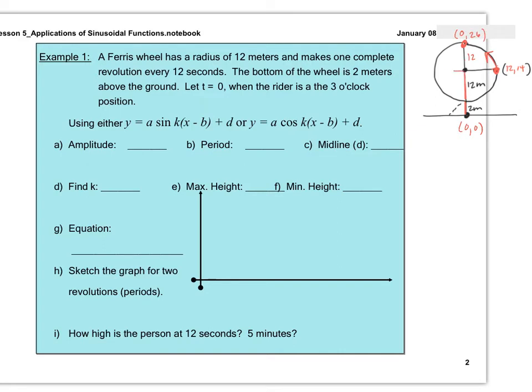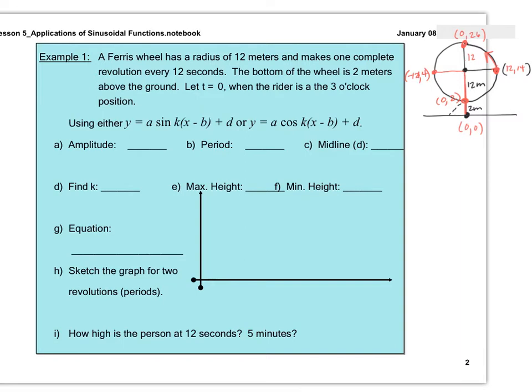By the time we get over here on the left, you're going to be at negative 12 and up 14. And by the time the Ferris wheel gets down here at the bottom, you're going to be over 0 and up 2. You're going to be 2 meters off the ground at that bottom position.